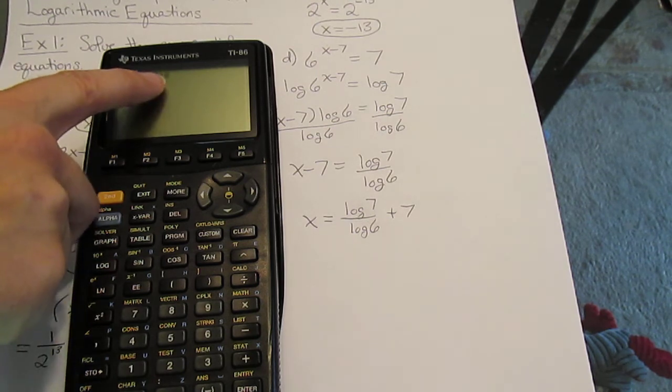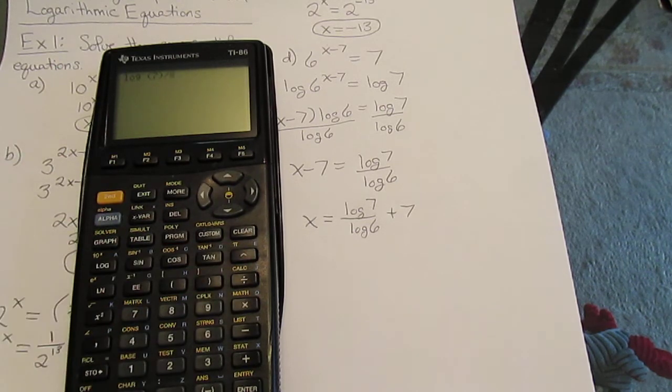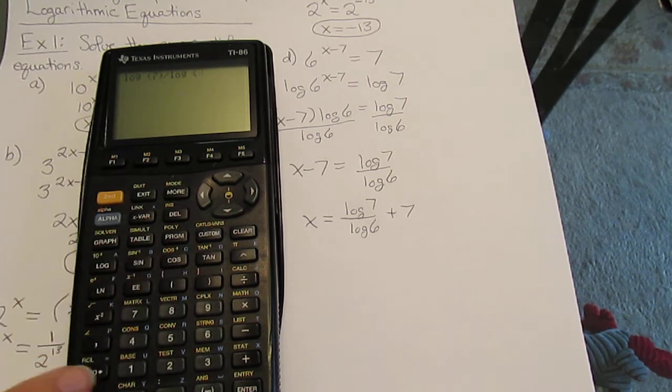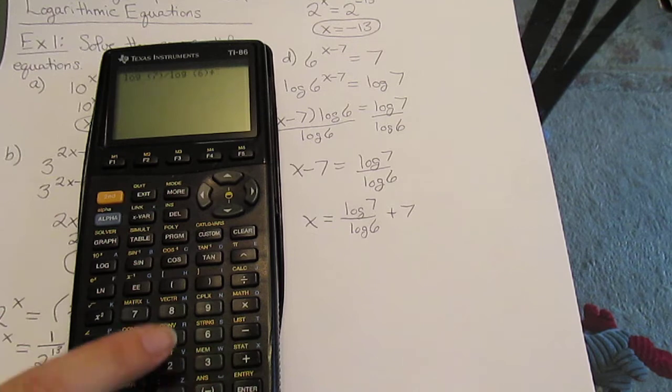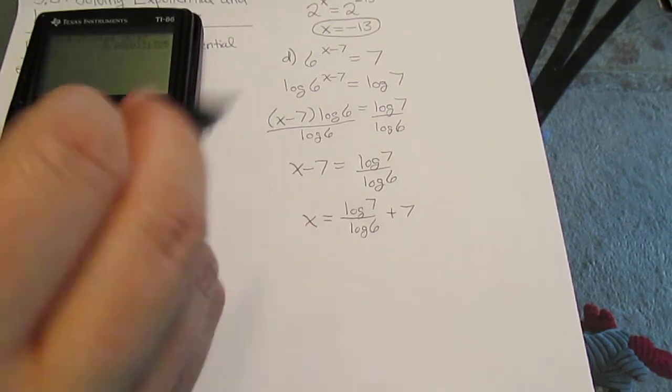Just make sure you close the parentheses then before you divide by log. And then I'm going to put parentheses, 6, parentheses, and then plus 7. Enter. And I got 8.09 if I round.